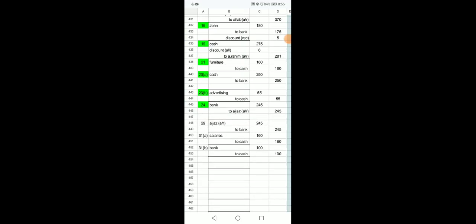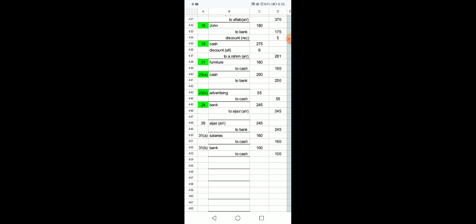The amount of 24 is 245. Okay, it is 245 because Ijaz Bashir's check returned dishonored. So since the check was received and deposited into the bank and the same check has been dishonored, that is why the amount is the same. Let's come back to the point where we were.